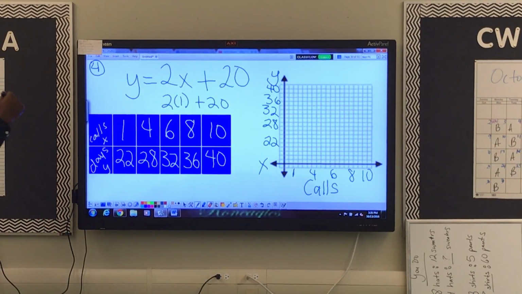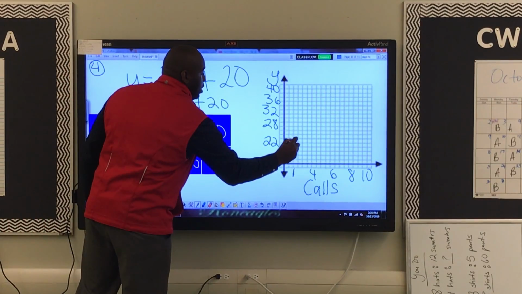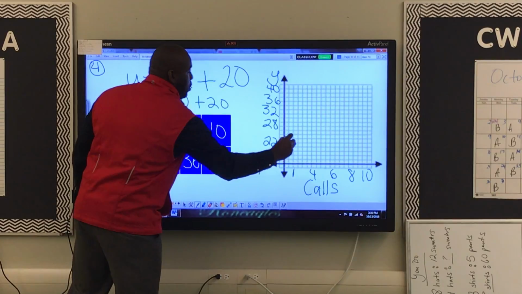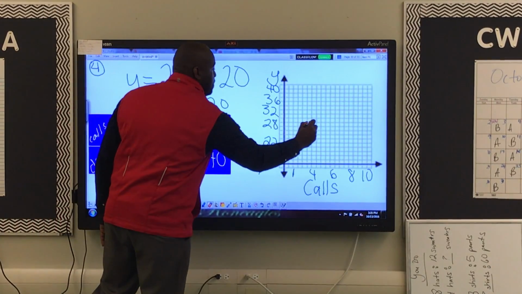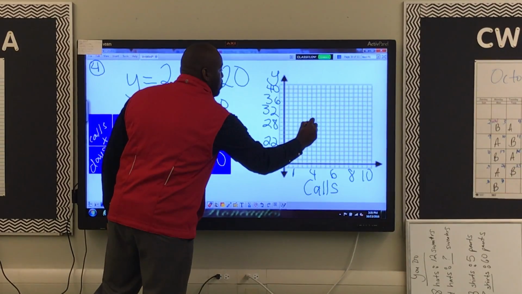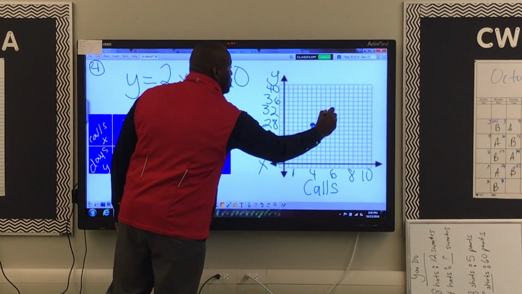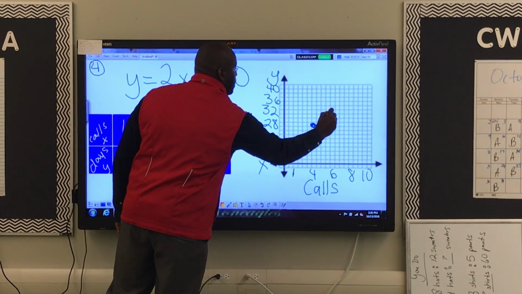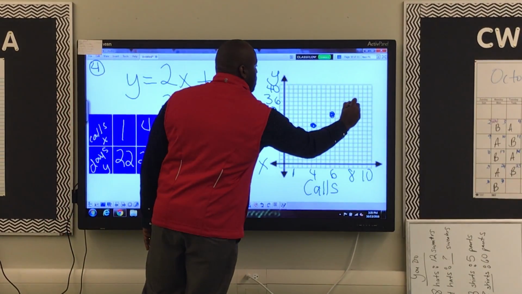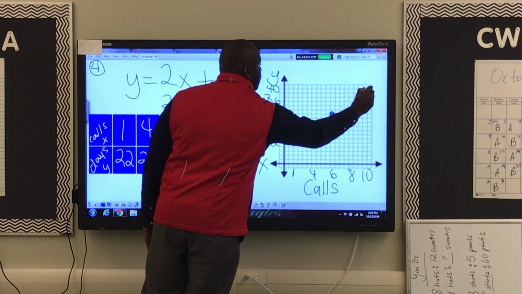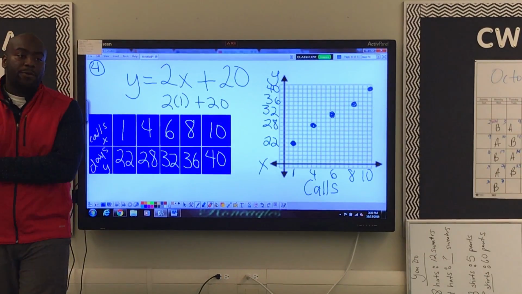So when it's one call, it's 22 days. Four calls, it's 28 days. Six and 32. Match it up as best as you can. 8 and 36. And 10 and 40. This is how your graph should look on your paper.